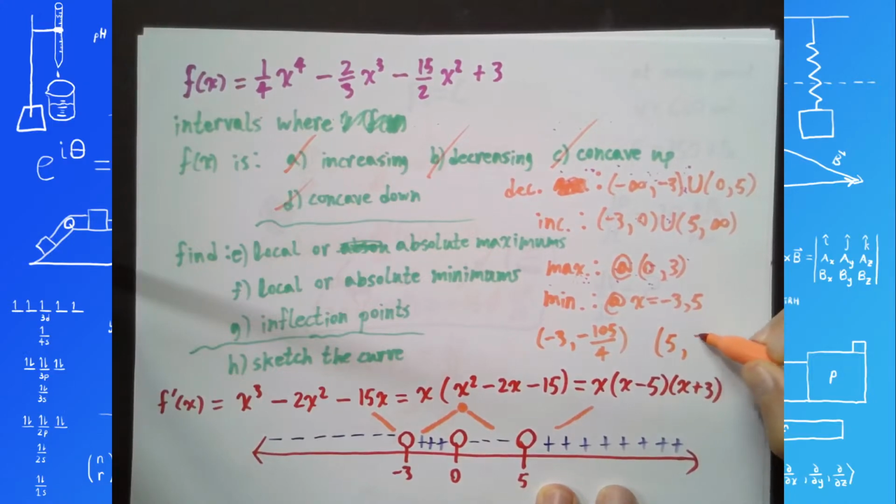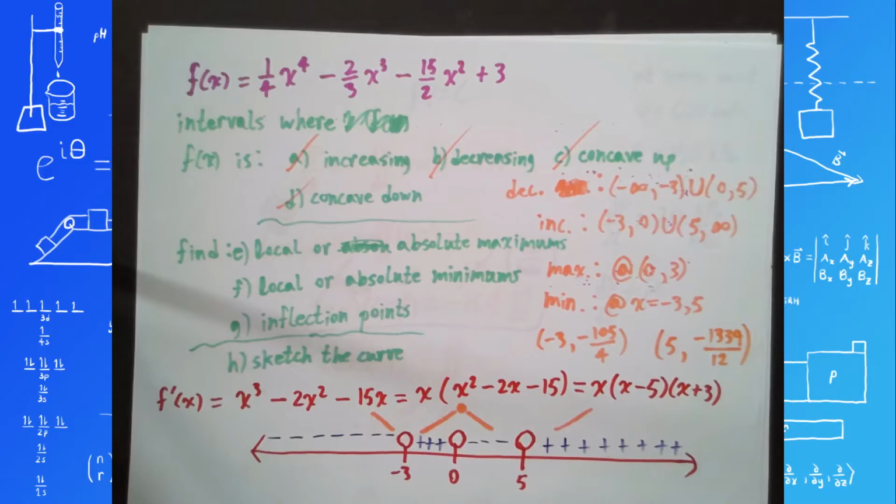So (5, -1339/12). Which of these is lower? Well, negative 105 over 4 is almost negative 100 over 4, which would have been negative 25-ish. And negative 1339 over 12, let's pretend it was negative 1200 over 12, which would be negative 100. So it looks like something around negative 100 versus something around negative 25. This one is the lower minimum and might be the absolute minimum, but it depends on the shape of our graph.